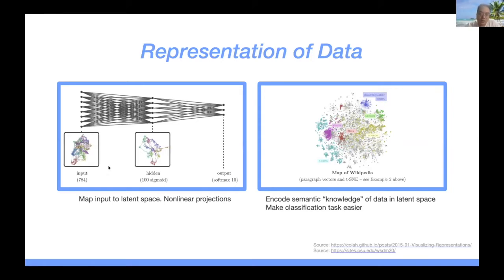Instead of directly training a classifier on the raw input, we could first map it into a latent space, like a 100-dimensional hidden state. We want the positive examples to be close to each other in a cluster, and positive and negative examples to be far away from each other, so the decision boundary will be clear. If we later train a classifier in this latent space, the classification task would be easier.